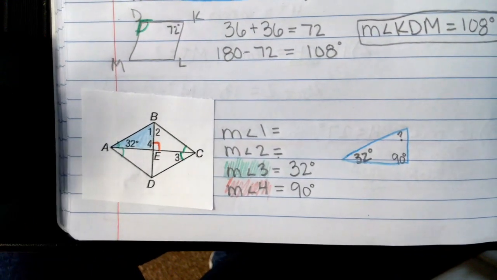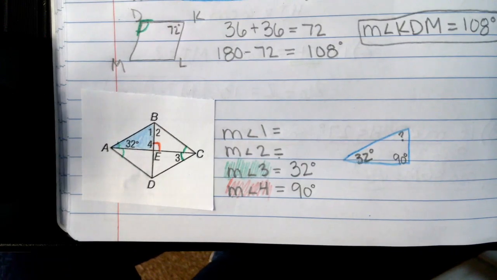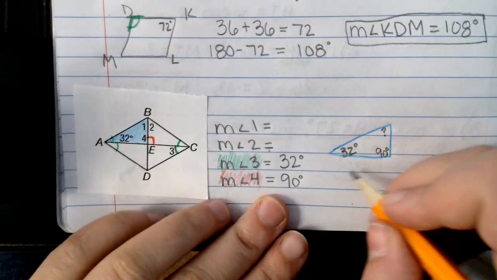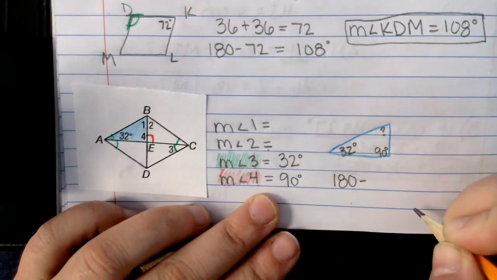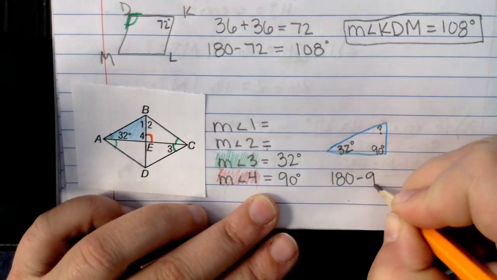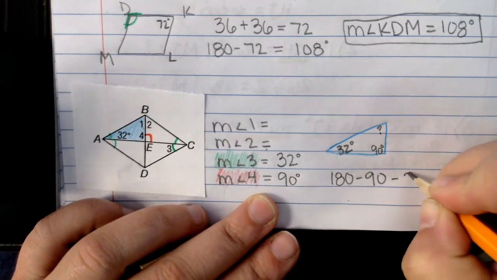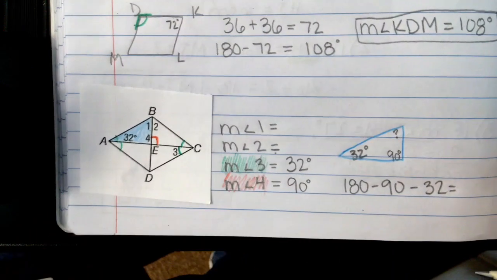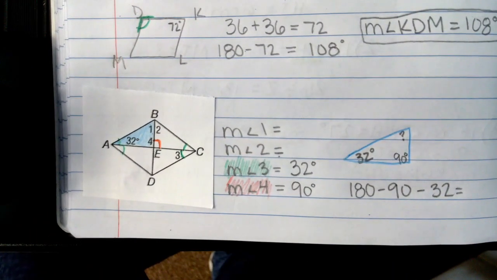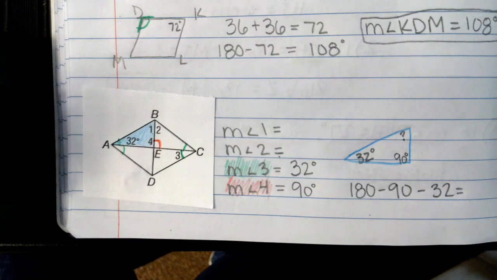And what's 180 minus 90 minus 32? 58. So angle 1 will be 58 degrees. What about angle 2? The same. 58 degrees.